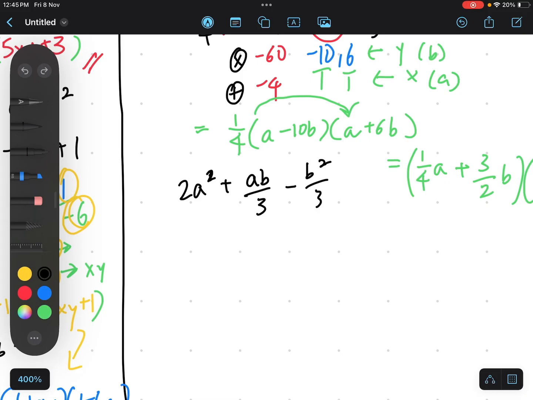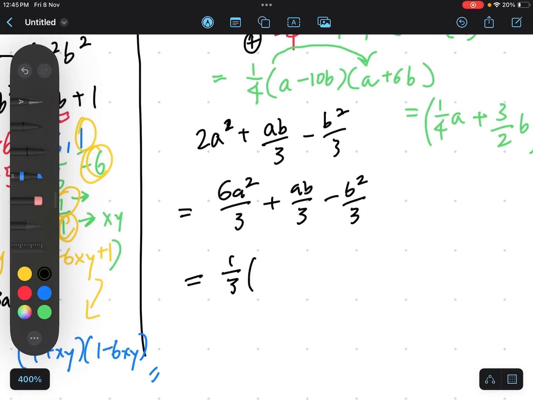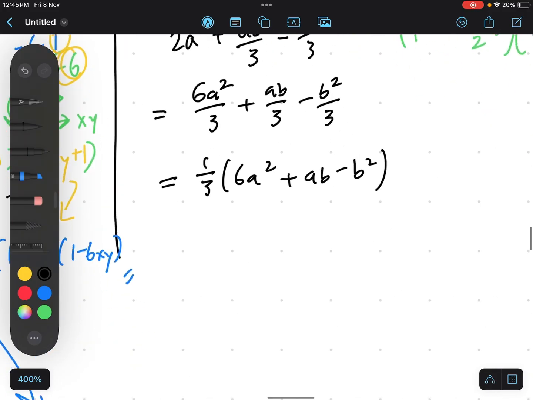So here we're supposed to take out the fraction. So this will be 6a squared over 3 plus ab over 3 minus b squared over 3. Take out the 1/3, and then we get 6a squared plus ab minus b squared. And then now you do it normally. A multiplication number will be 6 times -1. And then our addition number will be this invisible 1.